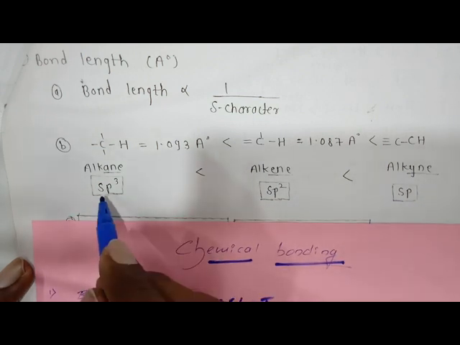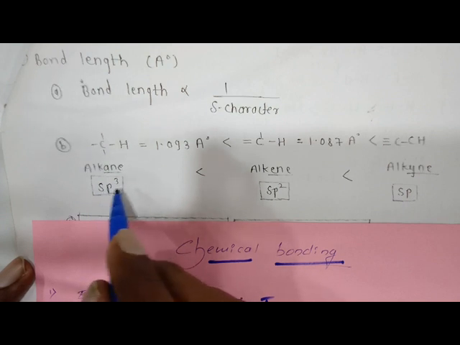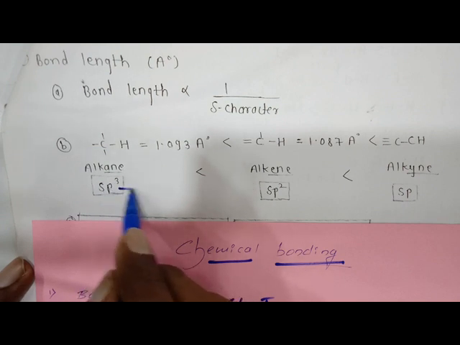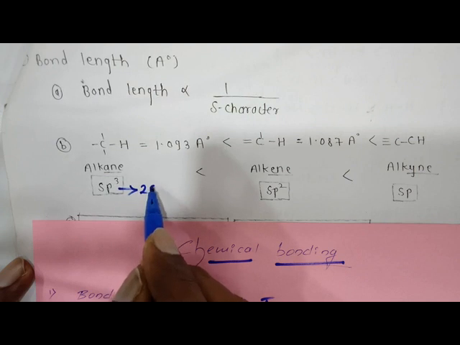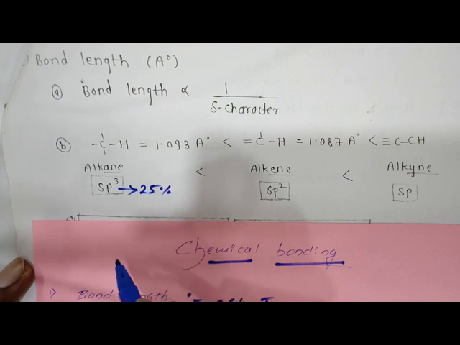In alkane, the percentage of S character is 25%.